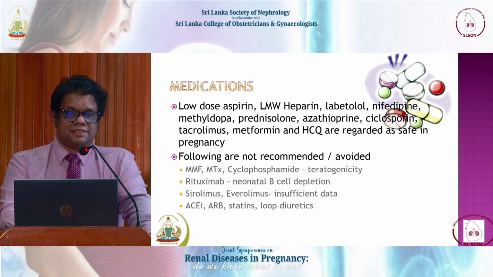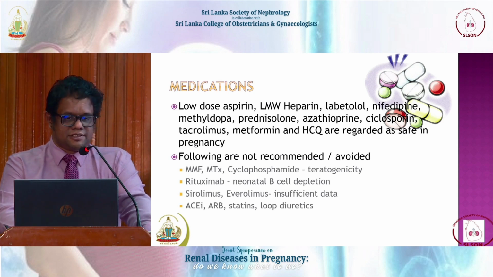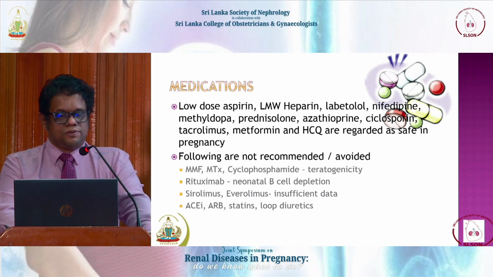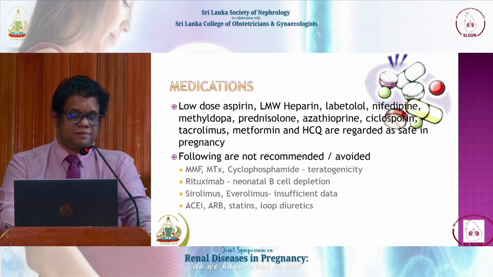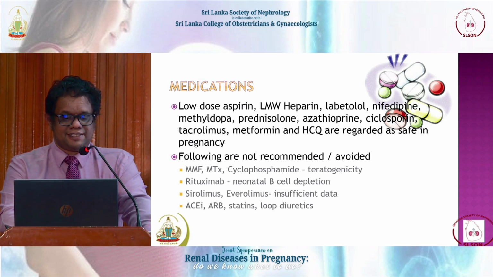Another important thing is what to do about the medications. Low dose aspirin, low molecular weight heparin, labetalol, nifedipine, methyldopa, prednisolone, azathioprine, cyclosporin, tacrolimus, metformin and hydroxychloroquine are regarded as safe in pregnancy.